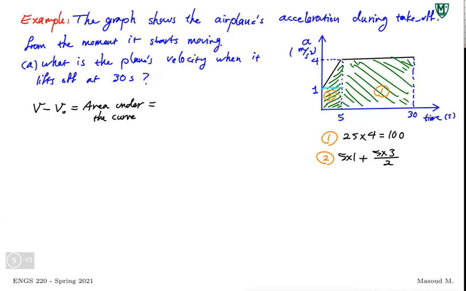I'm just finding the area under the curve. So if I put everything together, this would be area 1 plus area 2. This becomes 112.5, as Craig mentioned.